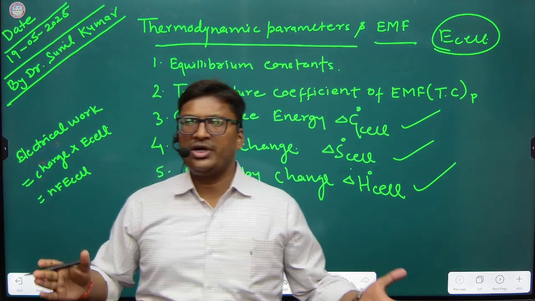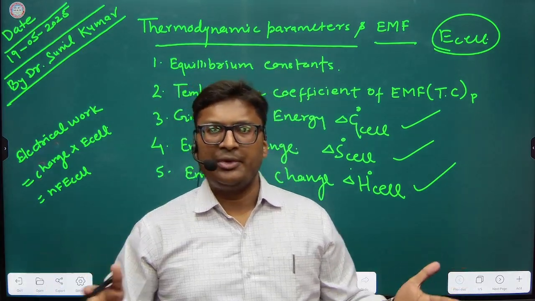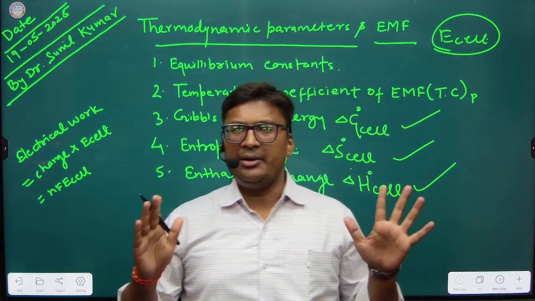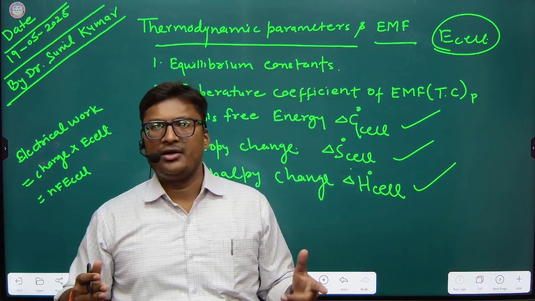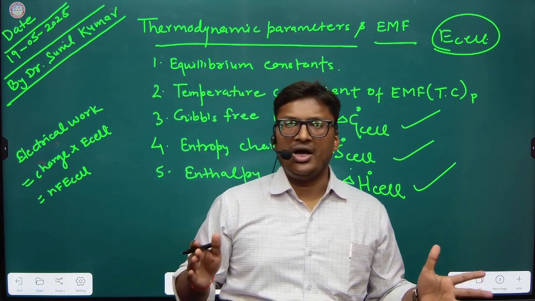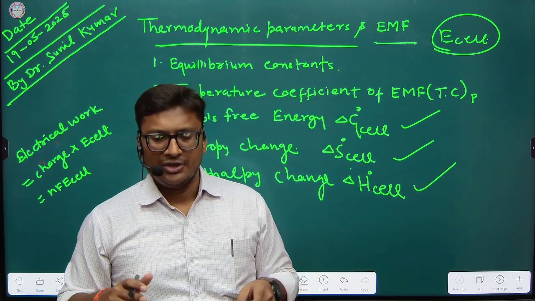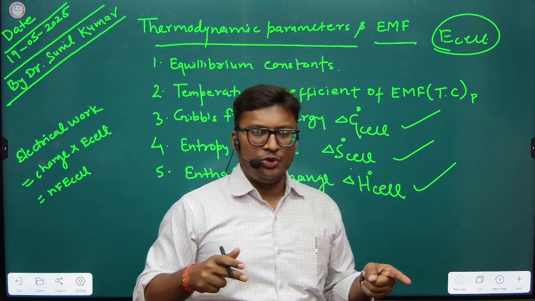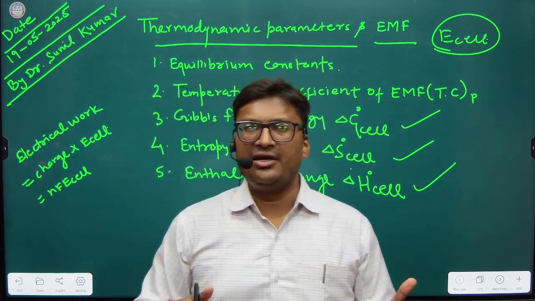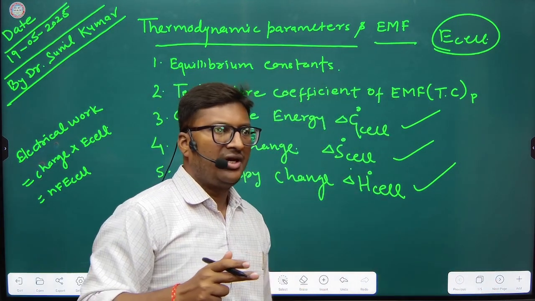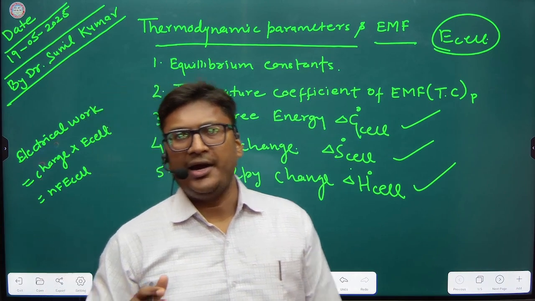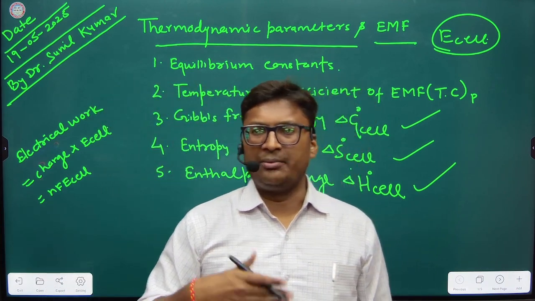So, electrochemical cell, as in the previous lectures you have studied, is composed of cathode, anode, and electrolyte, right? So, suppose we have a galvanic cell or Daniell cell, then the anode is the negative terminal and cathode is the positive terminal, right?